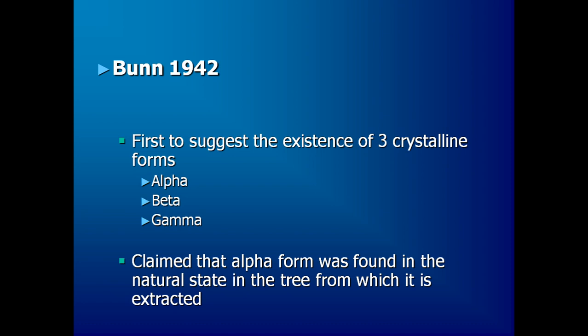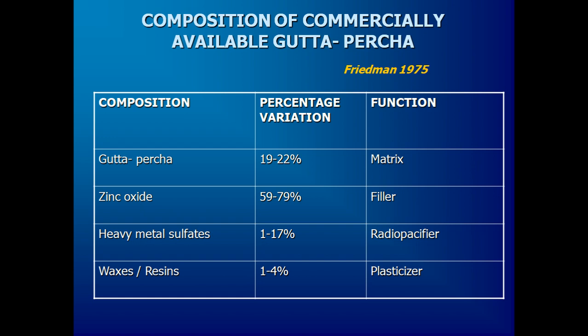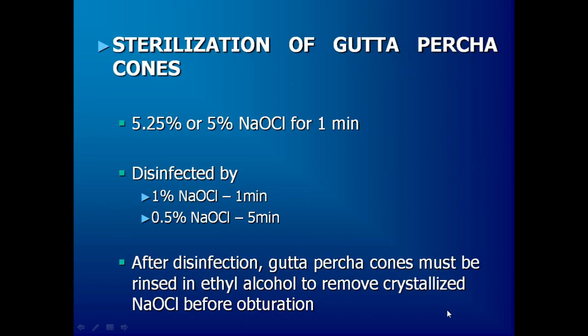There are three common crystalline forms of gutta percha you should know: alpha, beta and gamma. Beta is the one most commonly used. And I think you would have gone through the composition of the commercially available gutta percha in your previous videos.